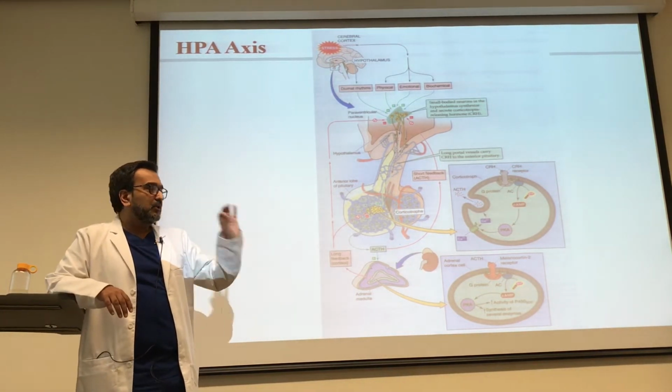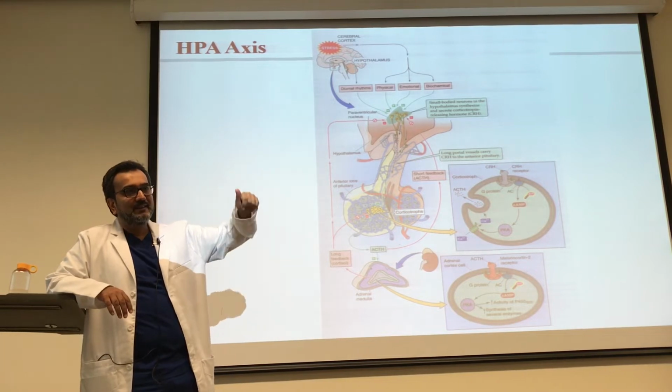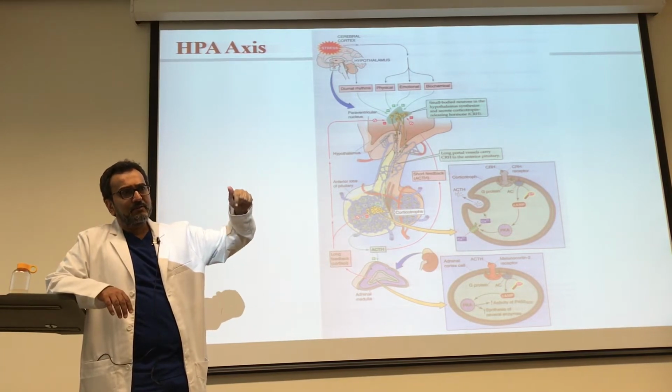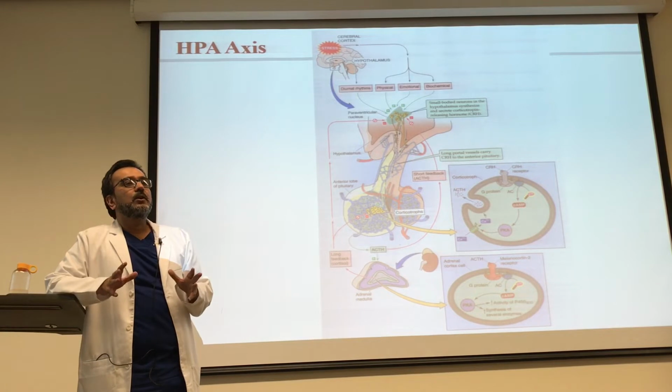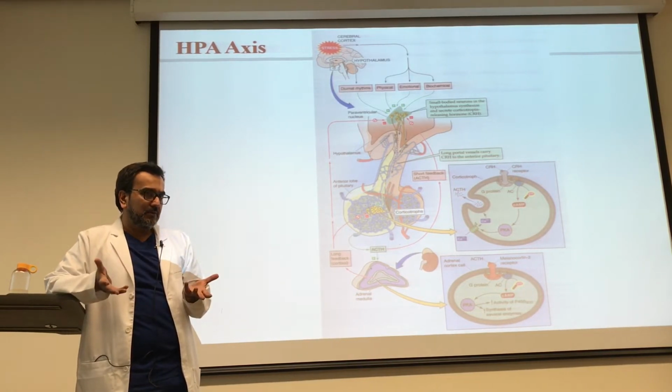So the important thing which I wanted to refer to is that once the ACTH binds to its receptors on the adrenal cortical cells, it is going to increase the synthesis of steroid hormones.